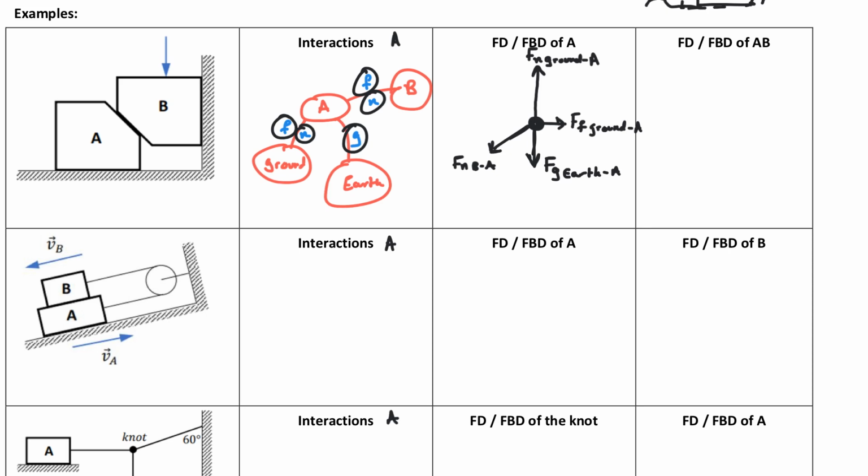And if this is going to come down, this is going to be pushed this way, and there's going to be a little bit of frictional force down here. So if this is moving in this direction, then B is going to try to pull it in this direction. So there's going to be a force of friction from B to A. Now we've taken care of all of our forces.